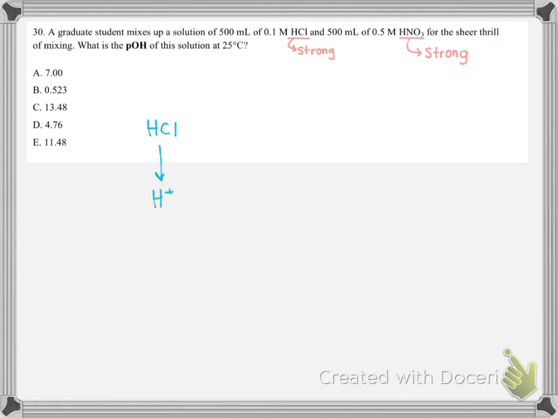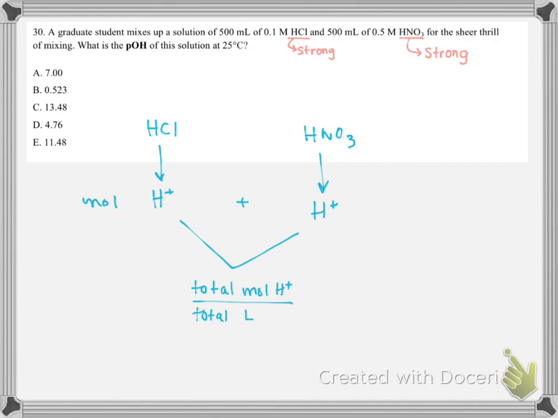So if we can figure out the moles of those H plus ions, and then add that to the moles of HNO3's protons, we can combine those to get our total moles of protons in the solution, and then divide that by our total volume. Once we have that number, we can get pH, because that will be our concentration of protons.